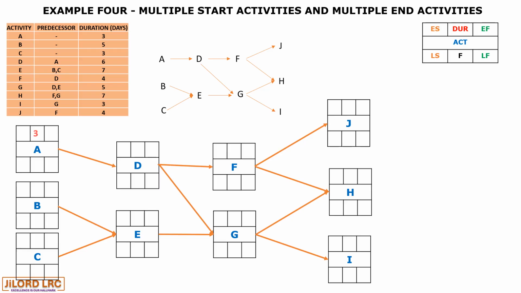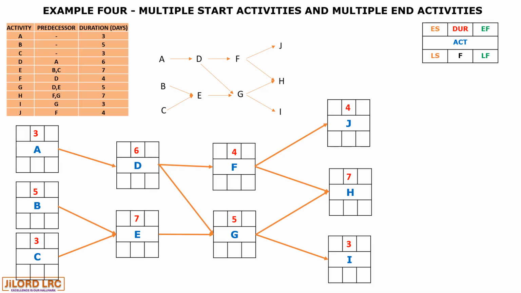So A is 3, B is 5, C is 3, D is 6, E is 7, F is 4, G is 5, H is 7, I is 3, and J is 4.